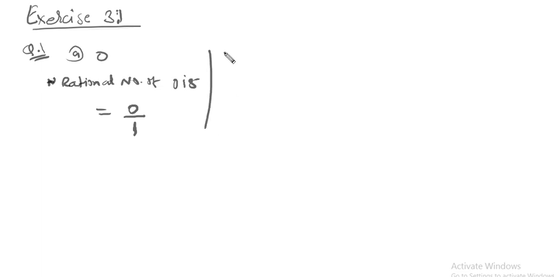Now B, what is the rational number of minus 67? The rational number of minus 67 is equal to minus 67 upon 1.